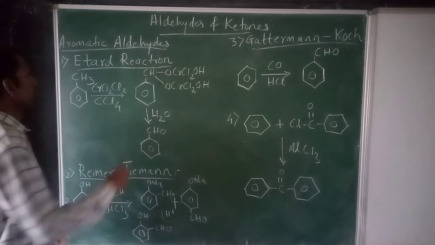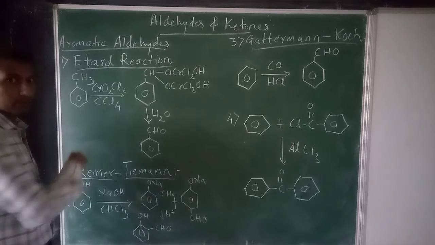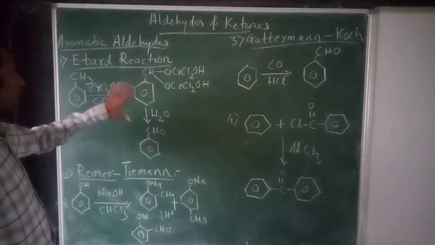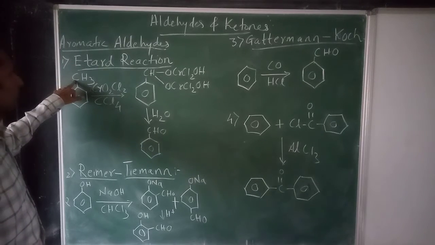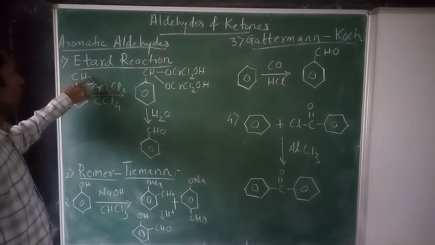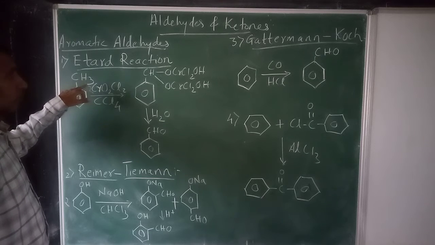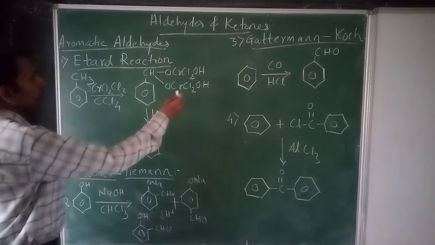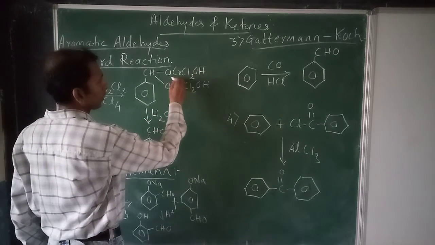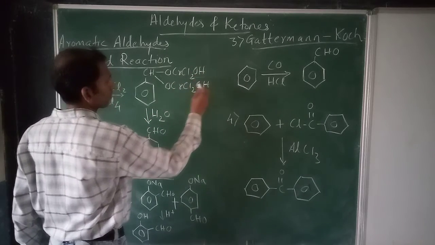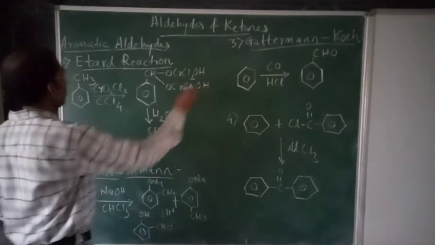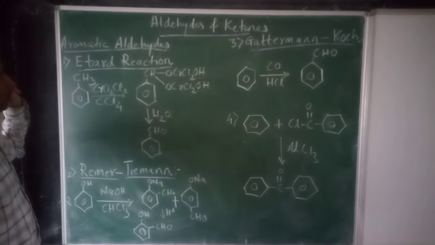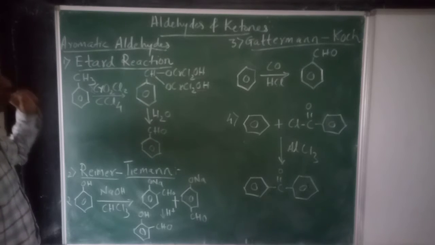So here two molecules of chromyl chloride get added to this carbon. One hydrogen from here gets transferred onto this chromyl chloride molecule, and you get this particular intermediate. These two hydrogens are transferred from methyl group to these oxygen atoms of chromyl chloride.